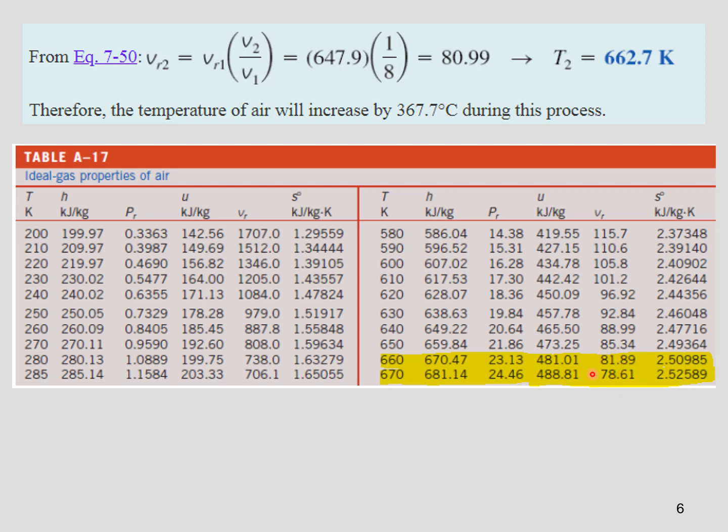So the final temperature is between 660 and 670, and of course we can interpolate. T2 is 662.7 Kelvin, which converted to Celsius is 367.7 degrees Celsius.